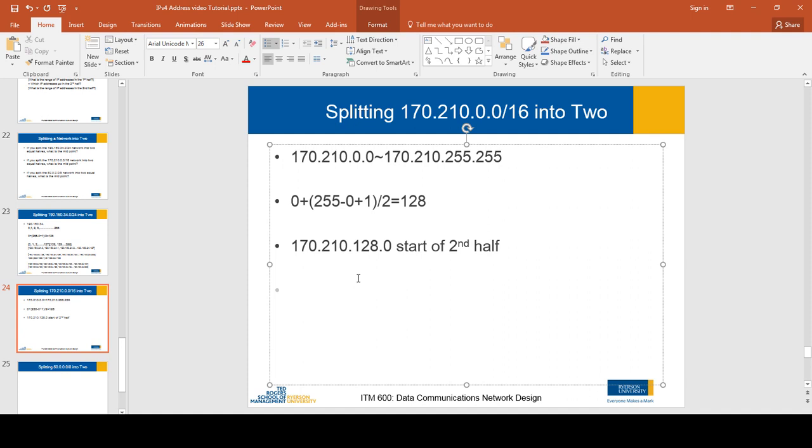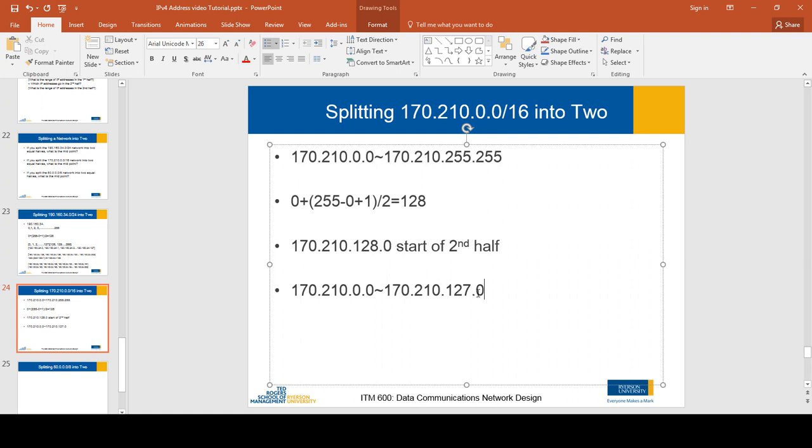So if I write the first half range, 170.210.0.0 and goes up to 170.210, what is one number before this 128.0, the IP address before this one? Most of the cases, students make the mistake of thinking that it would be 127.0. Not really, it's not 127.0, because you have more IP addresses between 127.0 and 128.0.